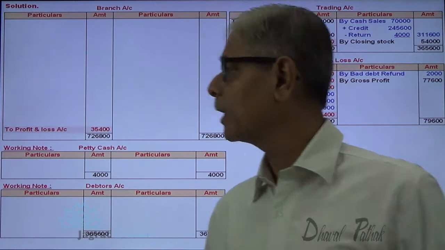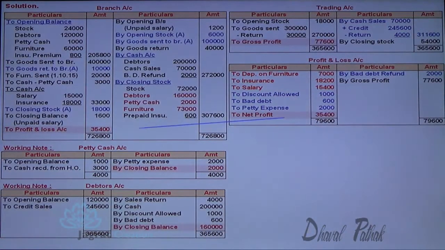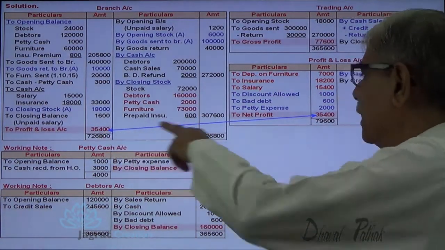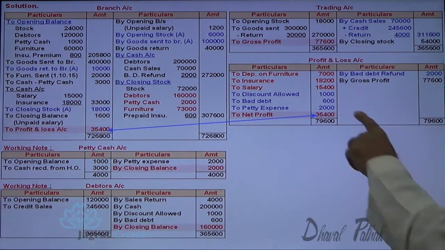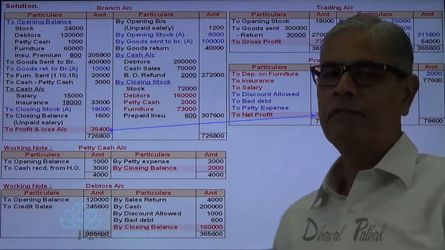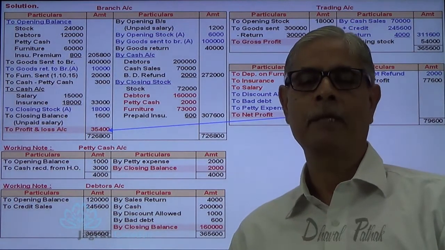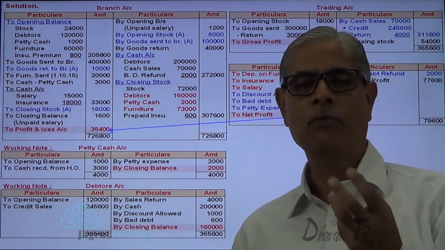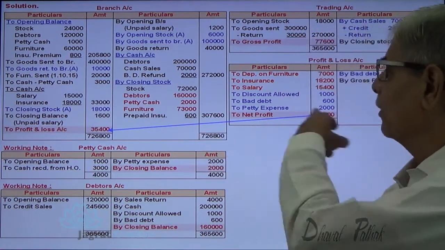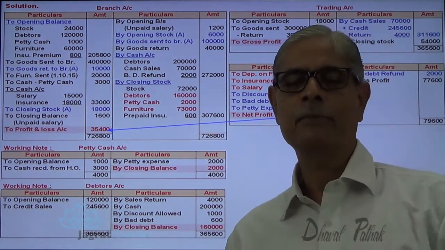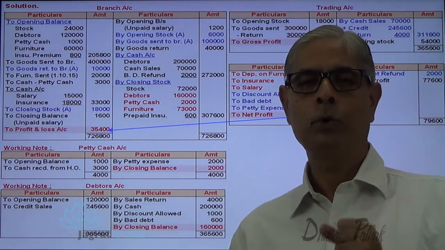Here profit found out as per branch account is 35,400, and the profit found out by preparing trading and profit and loss account is 35,400. So even if you find the profit by preparing branch account, or by preparing memoranda trading and profit and loss account, the profit is going to be the same. This is how it has been explained here before you.